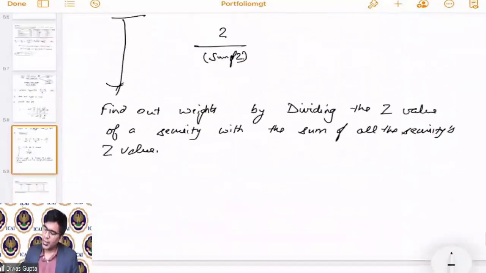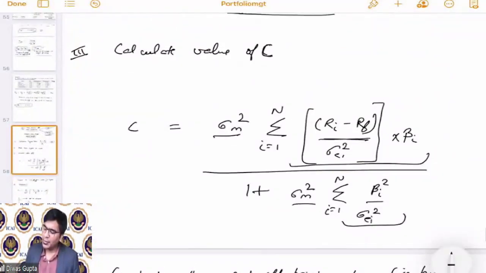Now let us go to the denominator part, because in the numerator part we have computed everything, except we have to multiply it with the variance of the market, the standard deviation of market squared. Now in the denominator we have to calculate beta square divided by residual variance.